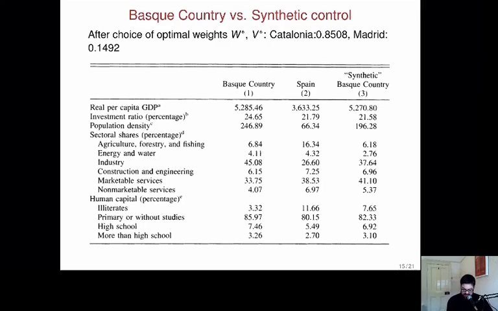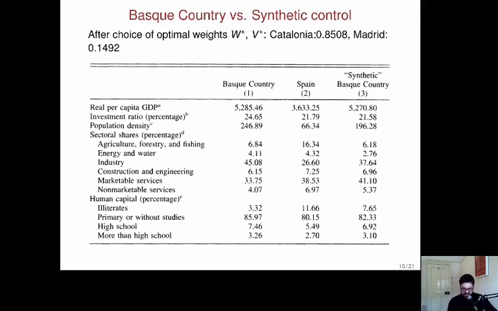So what they do then is they run the synthetic control and simply get the algorithm to find weights based on a couple of variables. So they use several GDP values from years prior to 1975, as well as other variables such as the share of people with at least a primary education or the share of workers working in industry.